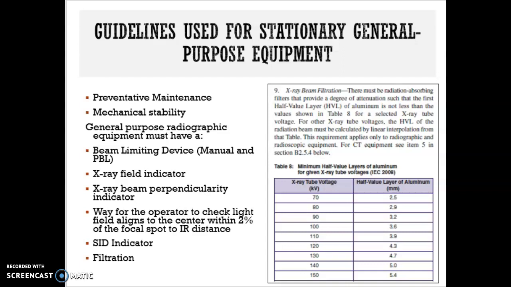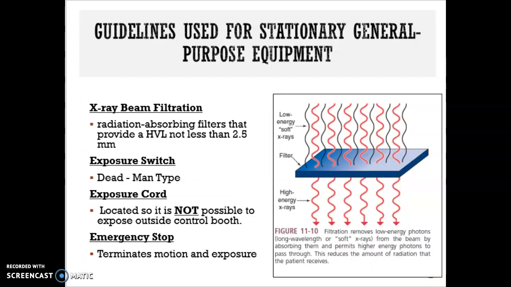And if you remember back to image recording, we do a half value layer test, we plot it on a graph, and this helps us to determine whether the X-ray beam has been adequately filtered based on a kVp setting. Filtration is important in removing those low energy photons from the beam and reducing the patient dose.